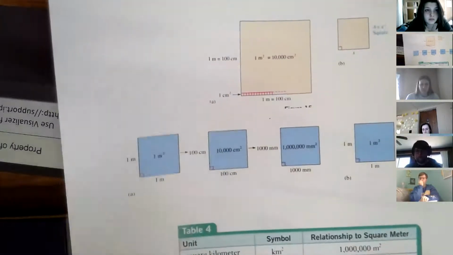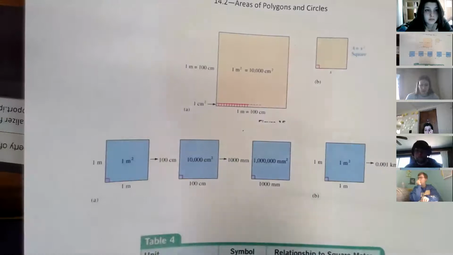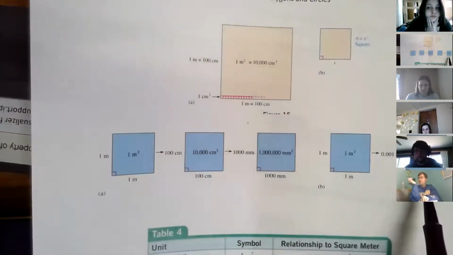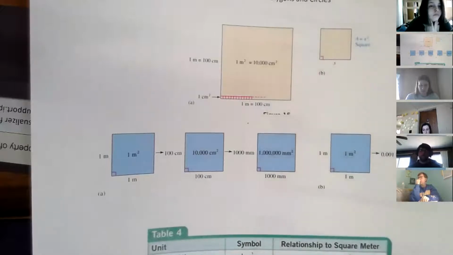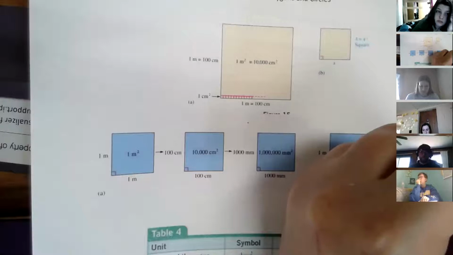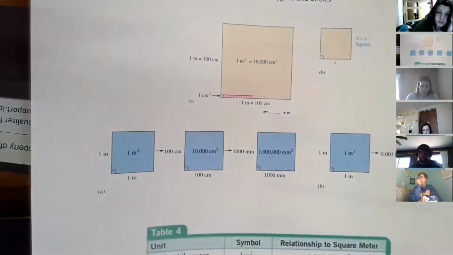And then same thing here. If I was to convert that to kilometers, if I change a meter to a kilometer and the other meter to kilometers, multiply that together, that'd be 0.0000001 square kilometers.